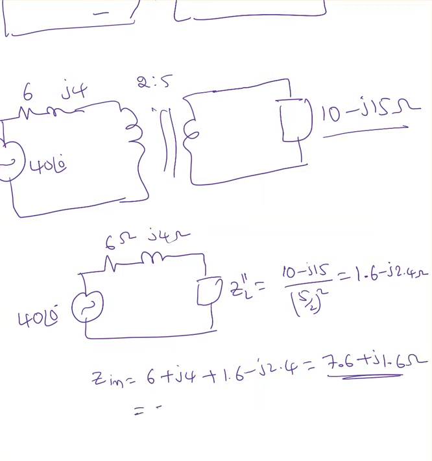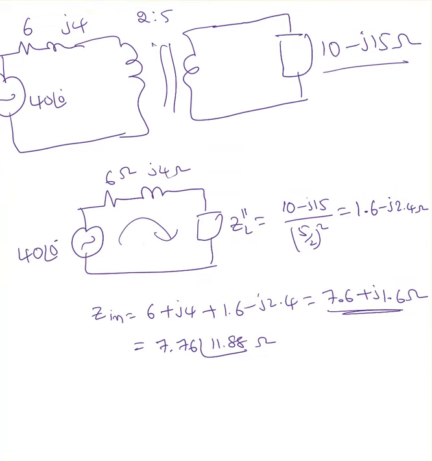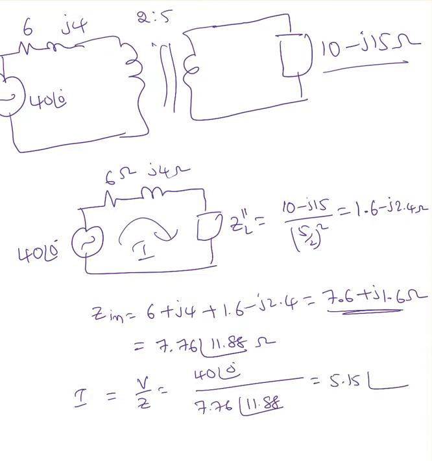When I convert that into polar format, that value is 7.76 at an angle of 11.88 degrees ohm. Now I can find the input current I equal to V over Z, which is 40 at an angle of 0 over 7.76 at an angle of 11.88. I have this current as 5.15 at an angle of minus 11.88 ampere.